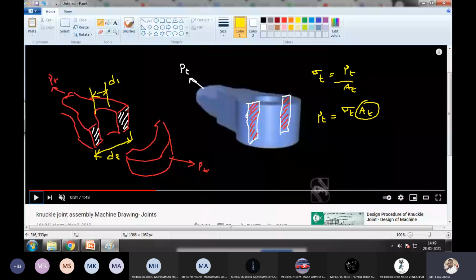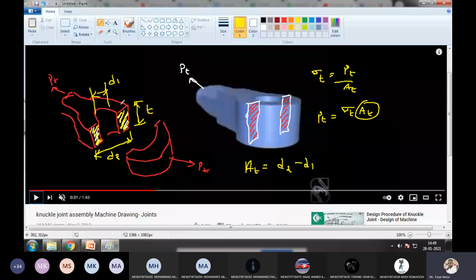The thickness of this eye rod is t. Now what is the area of these rectangle portions? Only the hash lines area we need to consider. So what is the area of these hash lines? D2 minus D1, if you subtract, separate thicknesses are going to be generated.